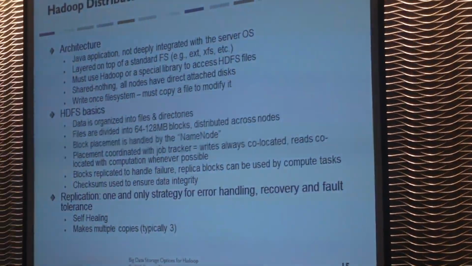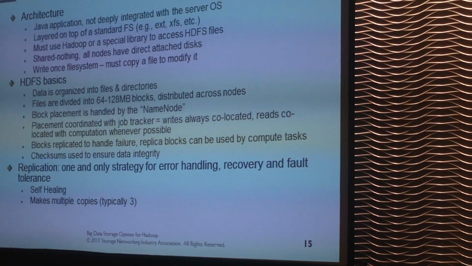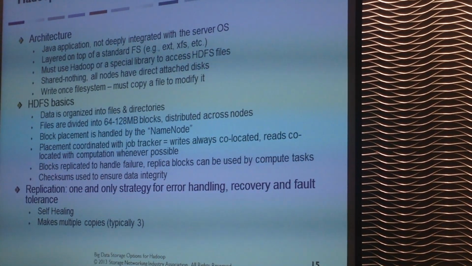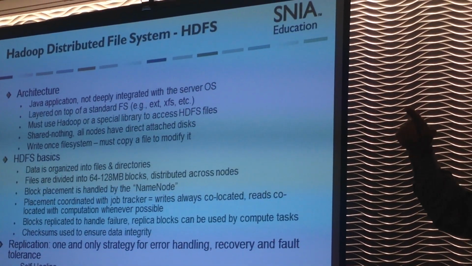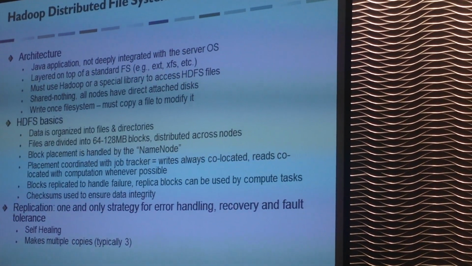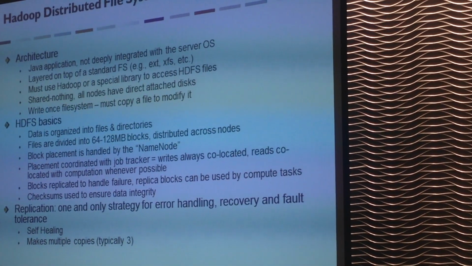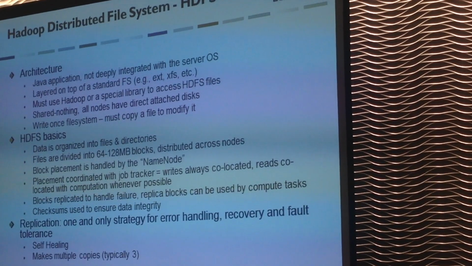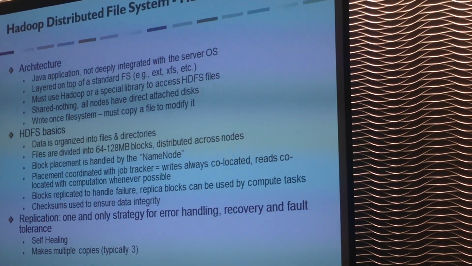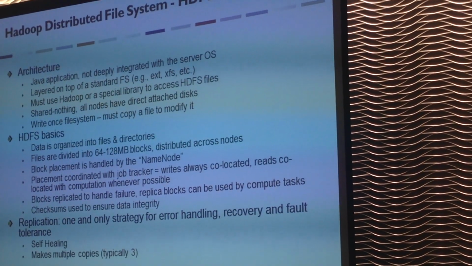Okay, so block placement is controlled by something called a name node, which is essentially a node in the system that has an in-memory mapping of the location of these blocks of each file. The placement is coordinated between the name node and the job tracker node, so that it can try to optimize.